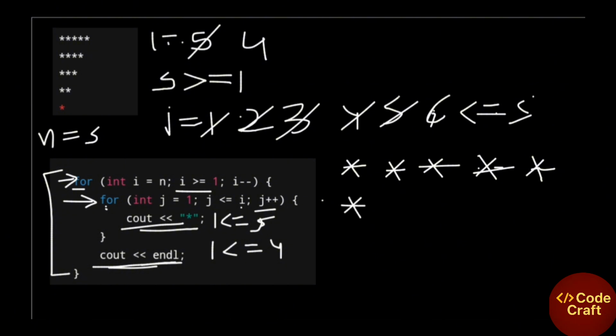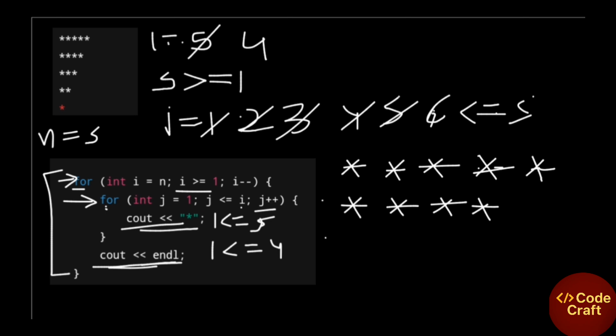The compiler comes out of the inner loop, and we have cout endl, which moves to the next line. After this the compiler goes to the outer loop again, which controls the number of rows, and i changes.